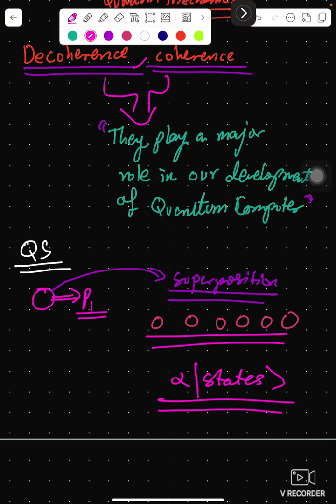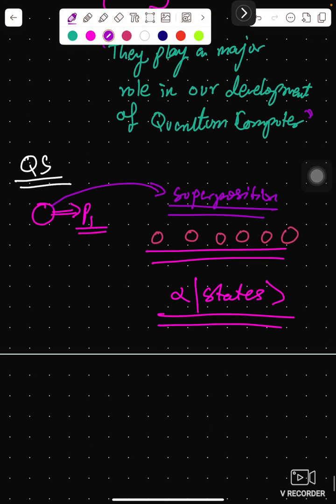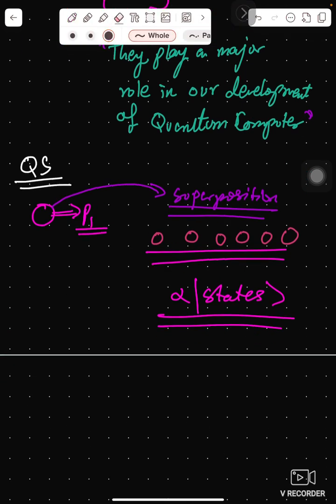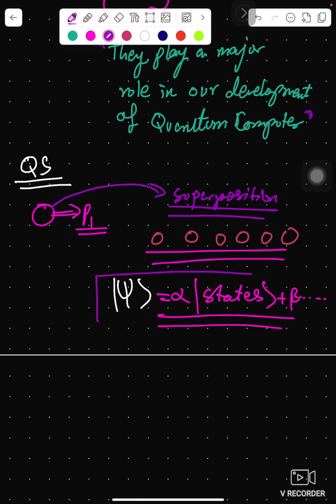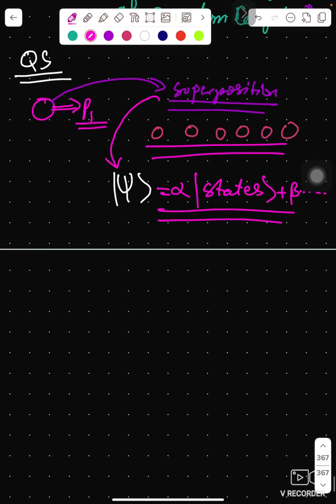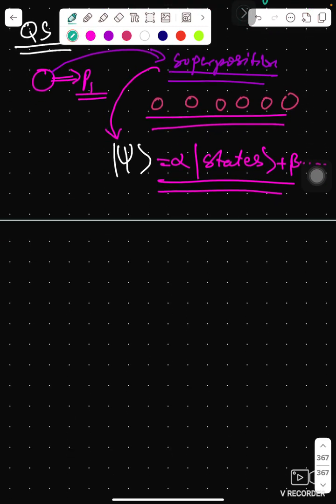I'm just writing in simplicity, or to be accurate, let me write it like this: plus b and so on equals psi. So this is the superposition state of the particle.